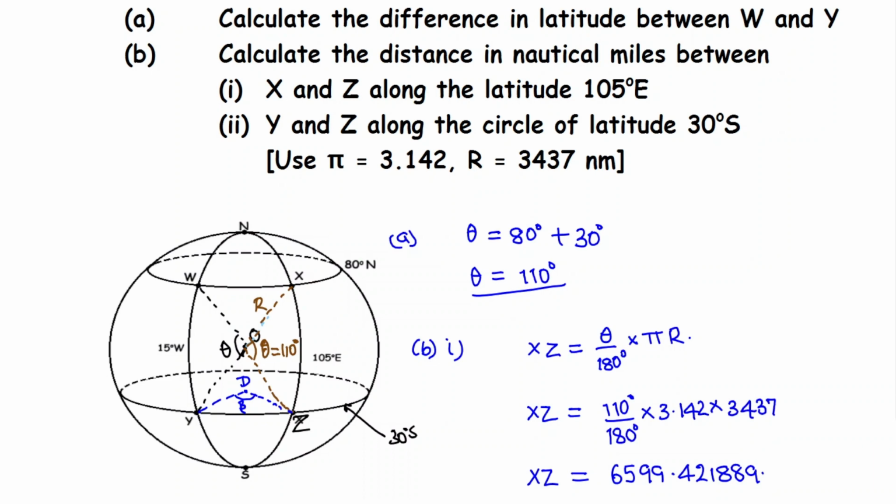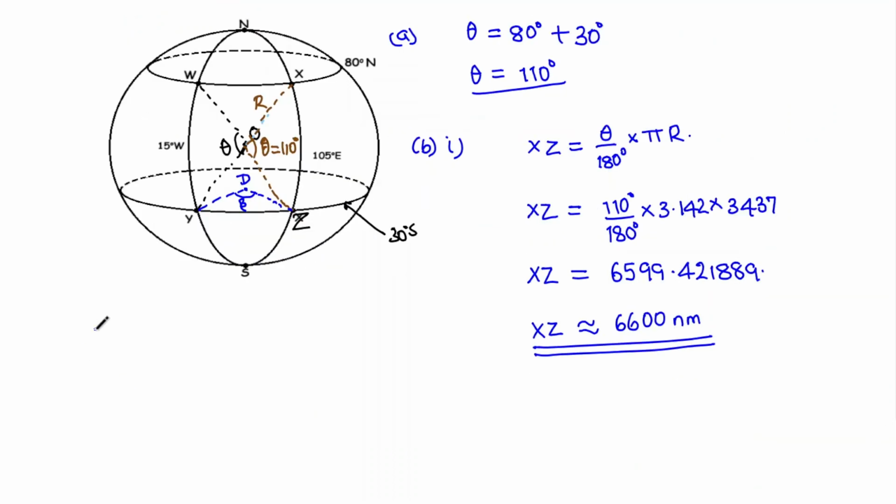So let's write it down here again and say our beta, the angle difference, is given by 15 degrees from the western hemisphere plus 105 from the eastern hemisphere. When we add this together, we get 120 degrees.